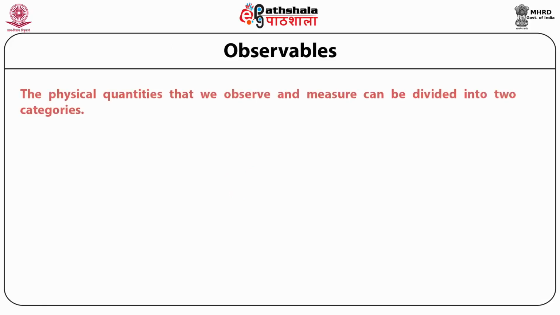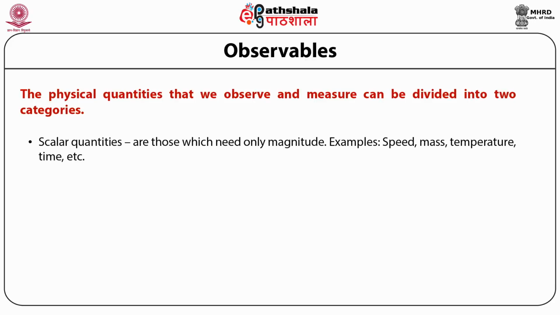Observables. The physical quantities that we observe and measure can be divided into two main categories. The first one is scalar quantities.